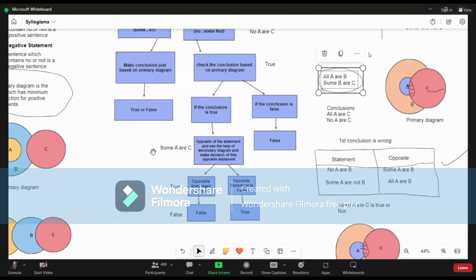So if the opposite statement comes true based on the secondary diagram, then the statement no ARC becomes false. And similarly, if there is no case possible where the opposite statement is true, that is, if the opposite statement becomes false in all the possible cases, then you have no ARC as true.